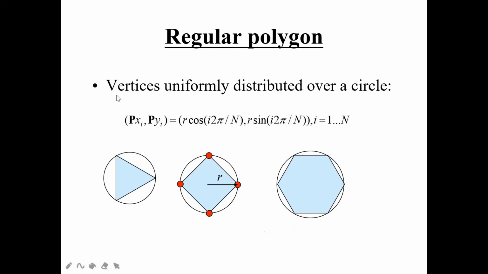So here you can see that the vertices are uniformly distributed over a circle. So a polygon, we are going to check it with a circle. So you can see here 3 circles are there. Okay. So what I have done is, here I have kept 3 vertex points on the boundary of my circle, and I have just connected them with line segments. Okay. So that is my first image.